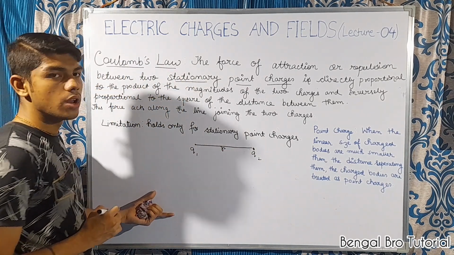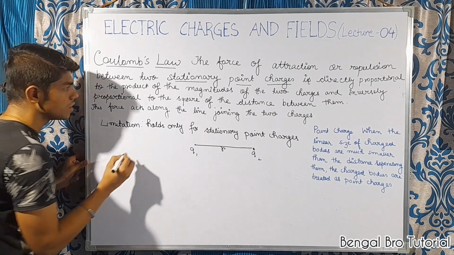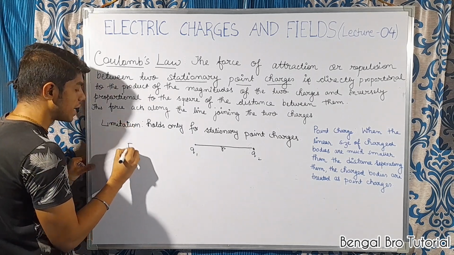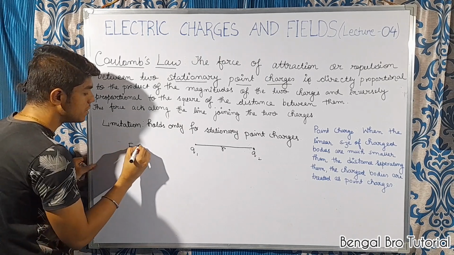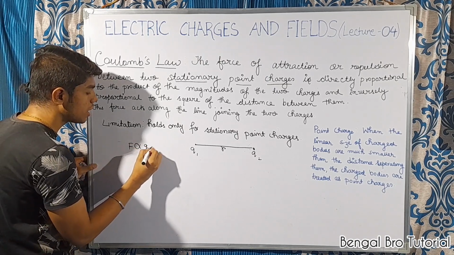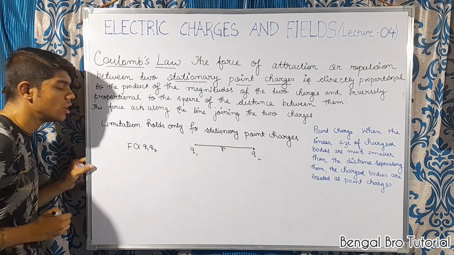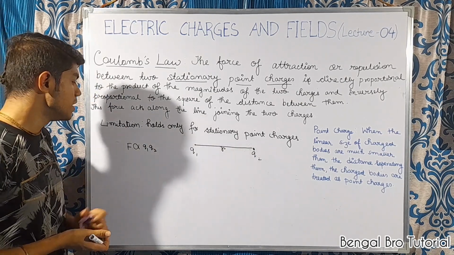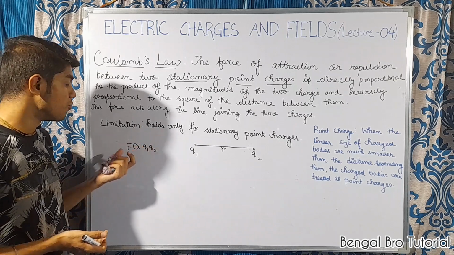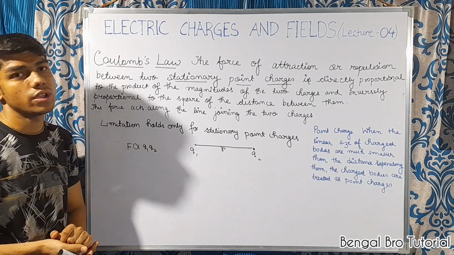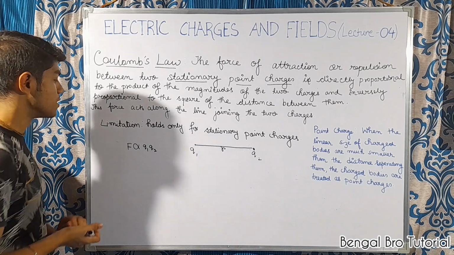Now according to Coulomb's law, the force of attraction or repulsion between these point charges will be directly proportional to the product of the magnitudes of the two charges. Means as this value of the product increases, the force between them will also increase.